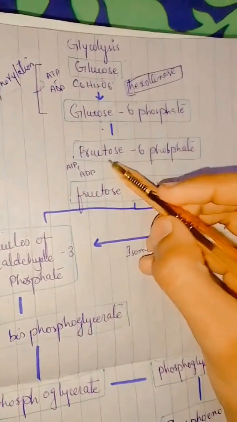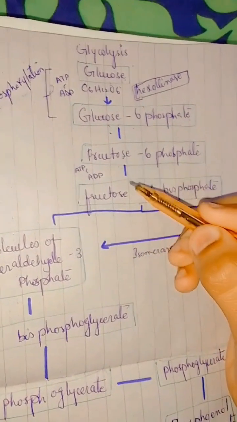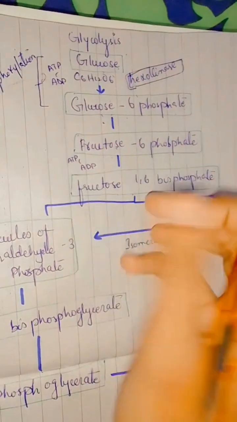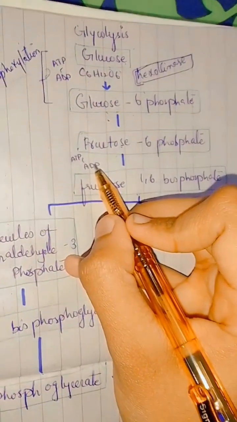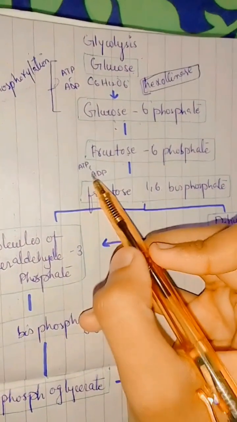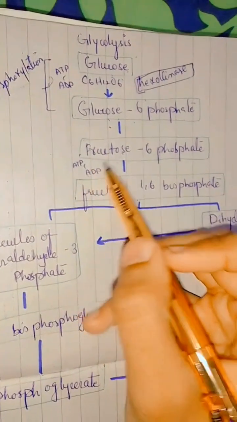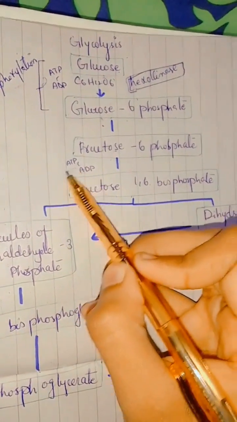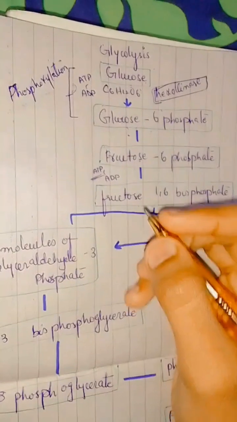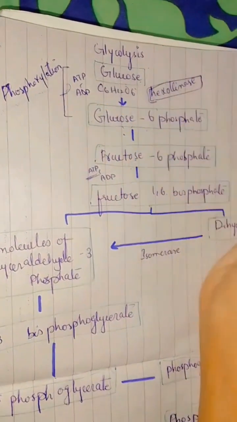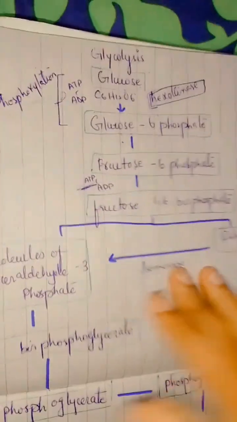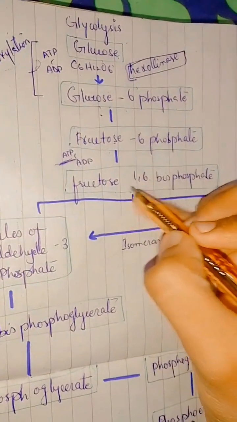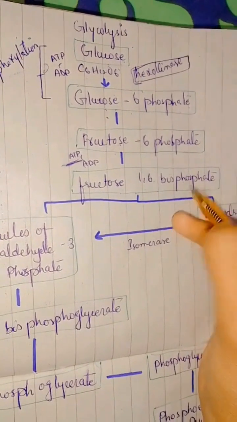Now the fructose is again converted into fructose 1,6-bisphosphate. Here one ATP molecule is consumed, as there two molecules of ATP were consumed. Here one ATP molecule will be consumed, and fructose will convert into fructose 1,6-bisphosphate.